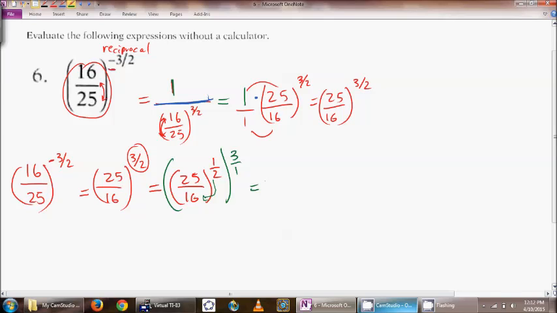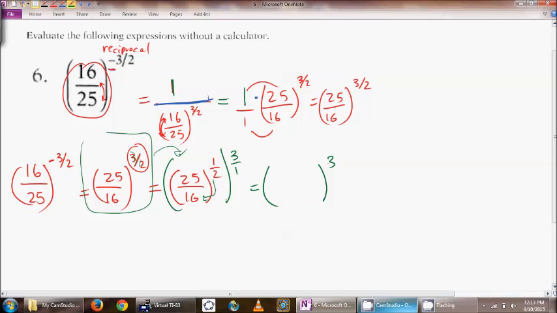Okay, so once again, I can rewrite this thing as this because I'm taking this 3/2 power and I'm writing it as the product of fractions of 1/2, which I know is the square root, and then 3 over 1, right? 3 over 1 times 1/2 is that 3 over 2. And I did this because, look, 25 is a perfect square. So let's evaluate the red. So I'll draw my green.